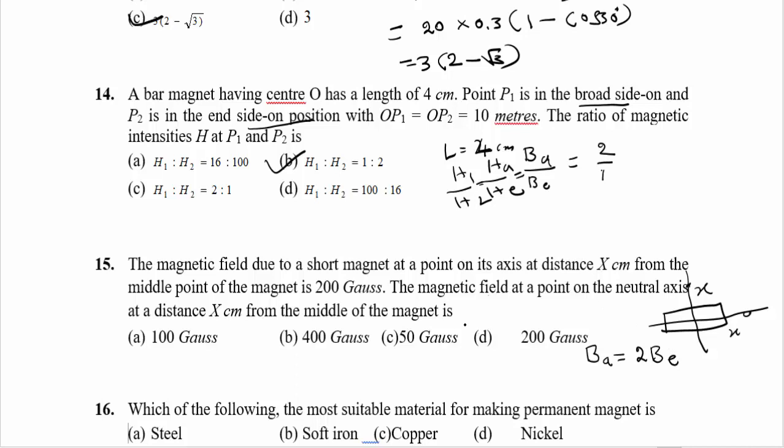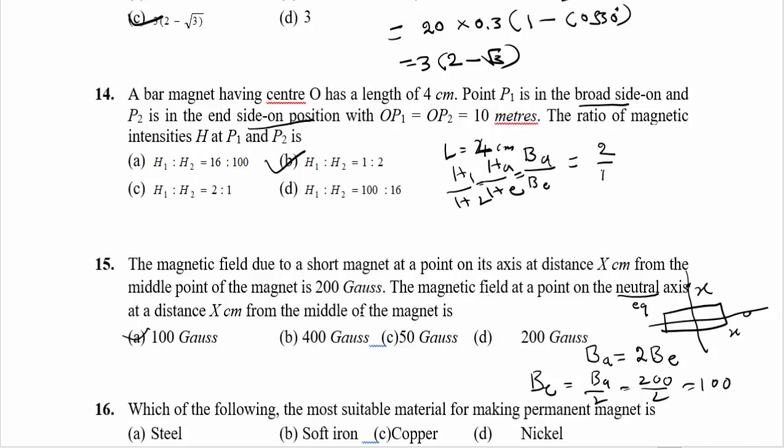The axial value is given as 200 Gauss. Then what about the neutral axis? Neutral axis means nothing but the equatorial line. So B equatorial equals BA by 2, which means 200 by 2, that is 100 Gauss. Option is A. So the 15th question answer is A.